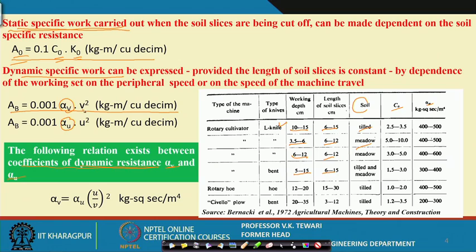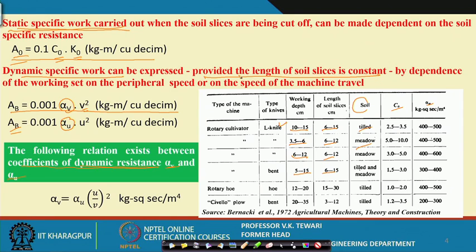So, alpha v with v square, where v is the forward velocity of the tractor, and u is the peripheral velocity of the rotor. Using that information we can get the value of b, the dynamic specific work, provided the length of the soil slice is constant.